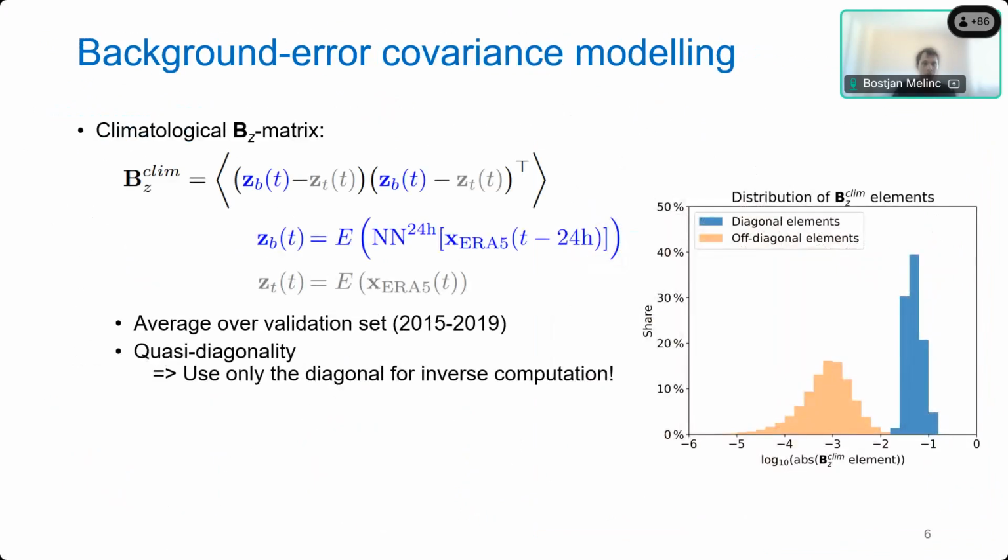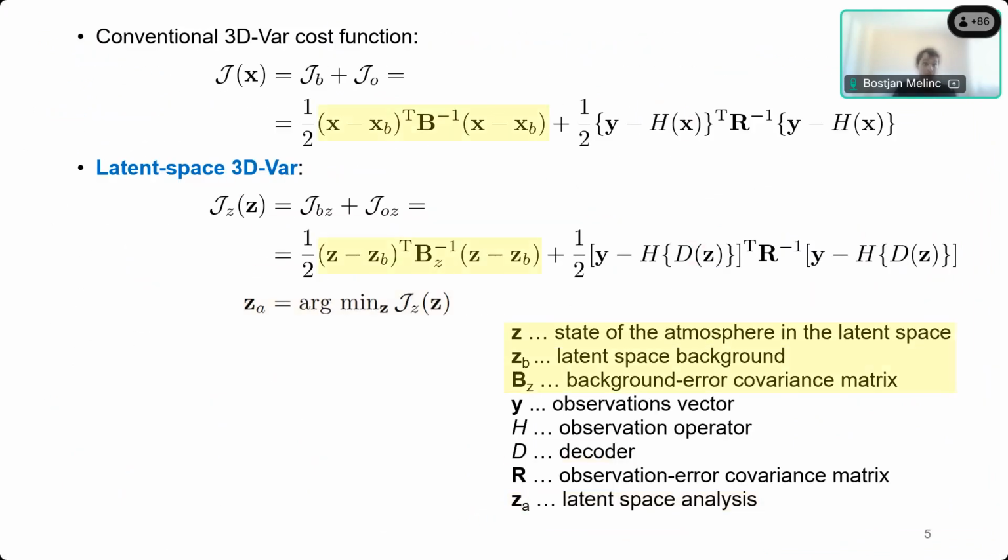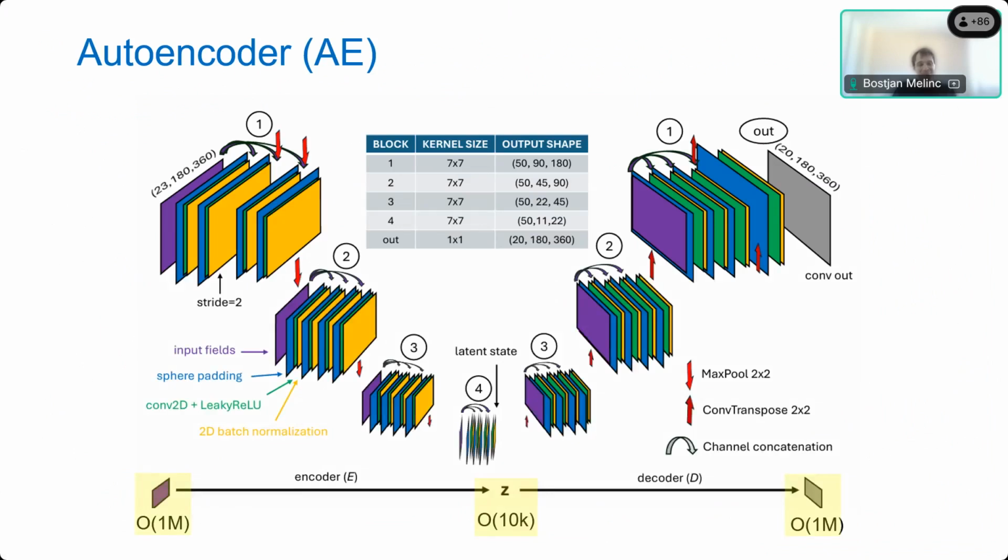So we speculate. So, of course, when it comes to machine learning, there's a lot of speculation going on. We speculate that this comes from this severe compression, right? Because here, as I said, the autoencoder has severely compressed input to get to the latent space and then back to the output.